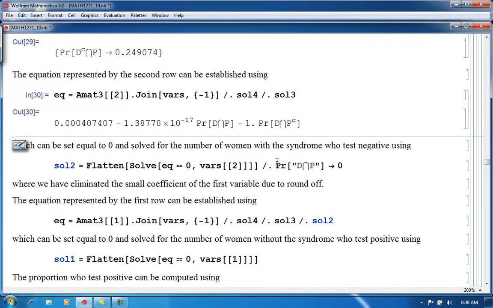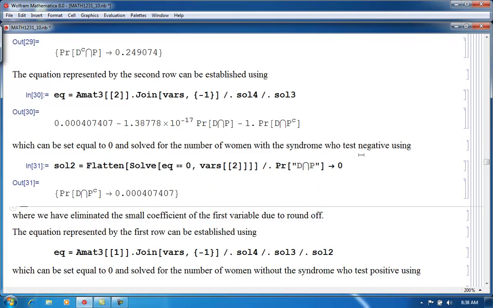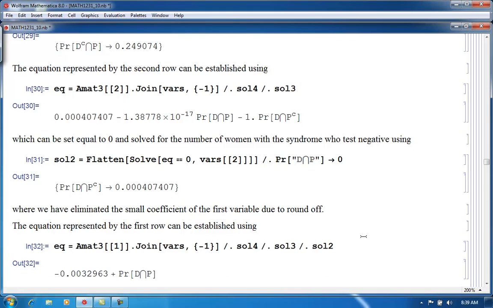So the easiest way to get rid of that is to set this equal to 0 in this equation and then solve the result for this variable here, and we can do that, and we get that. And now we put all that into the equation represented by the first row, and we get that.